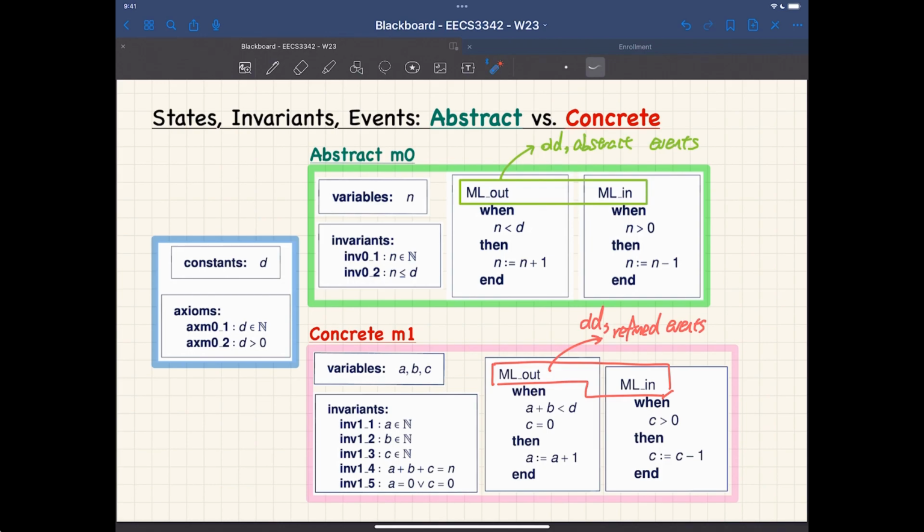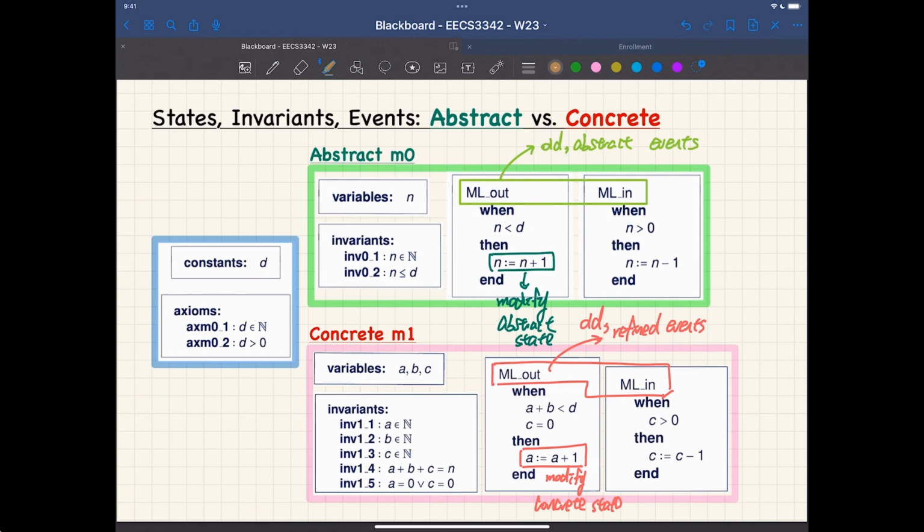And it is important to really see, for example, over here, the action is trying to modify the concrete states. And over here, the action is trying to modify the abstract states.